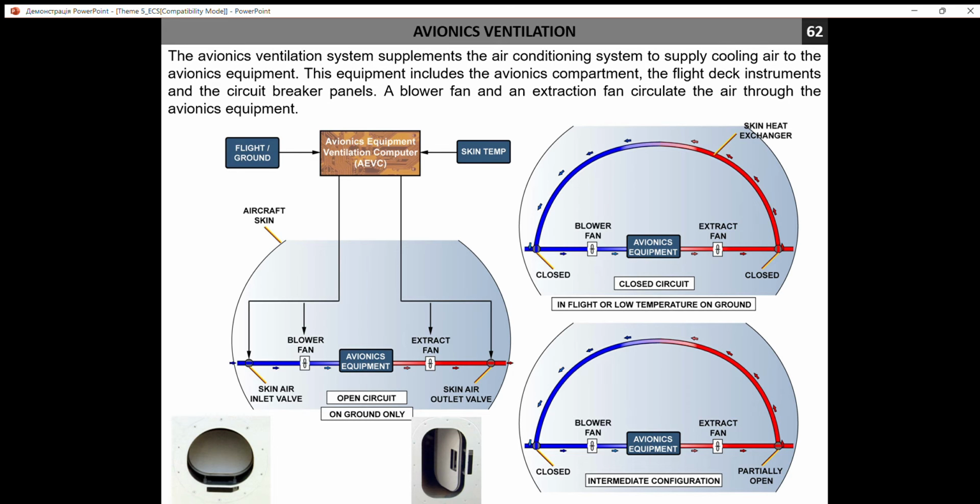Depending on the purposes, we additionally have a possibility to regulate the air by controlling the position of regulator valves that may also provide circulation of the air in the cabin and avionic compartment.